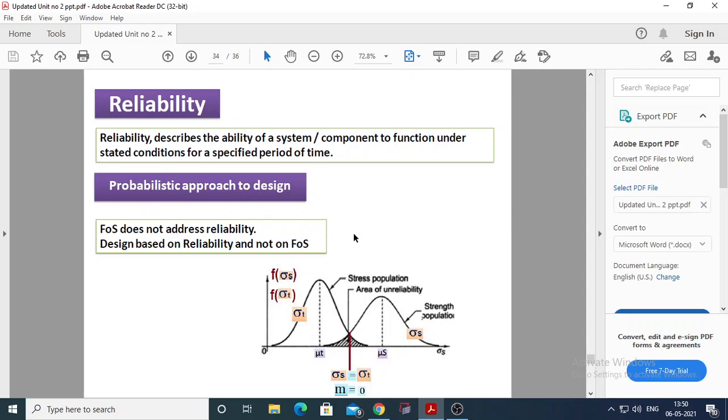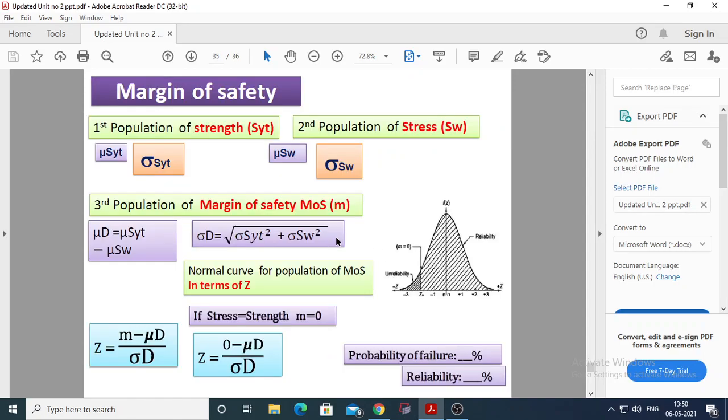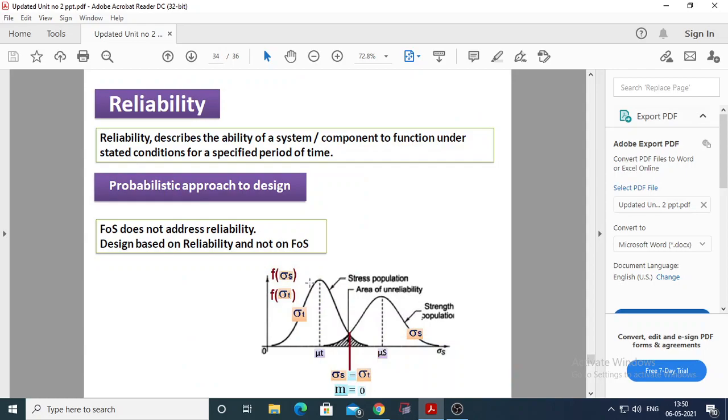Here are shown some values. We will see first the factor of safety based on the design given here. It is the ratio of the mean material strength to the mean stress. This depends on the design.